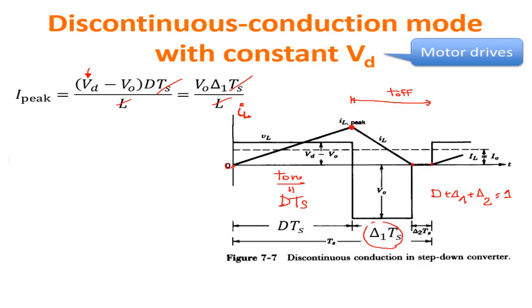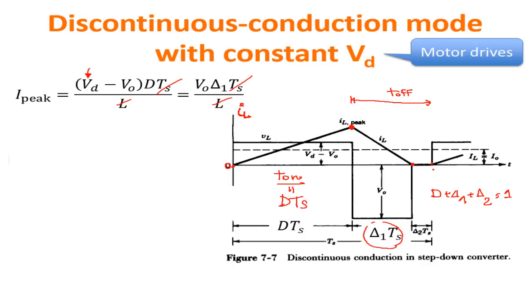Then you have another time period during which it decreases linearly down to 0, and then it cannot actually go below 0 because the diode does not allow current to go in the other direction. And then you have a third final period during which the current is exactly 0.